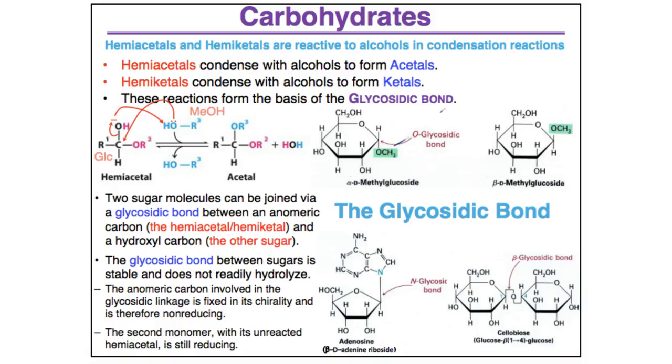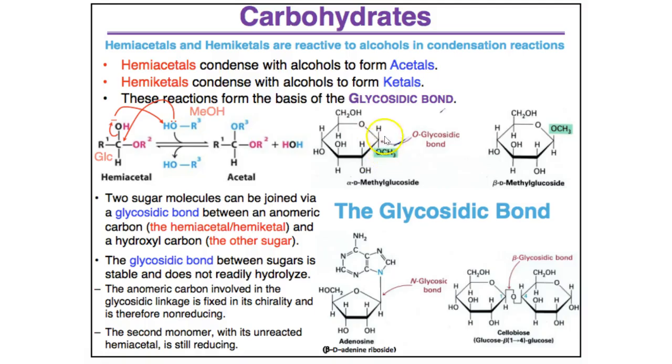As I mentioned, we have this hemiacetal, where there is a hydroxyl group and an ether. But when you have two ethers, this is more of an acetal or ketal form. This is very important because it is the basis of forming the glycosidic bond, bonding different monosaccharides together.